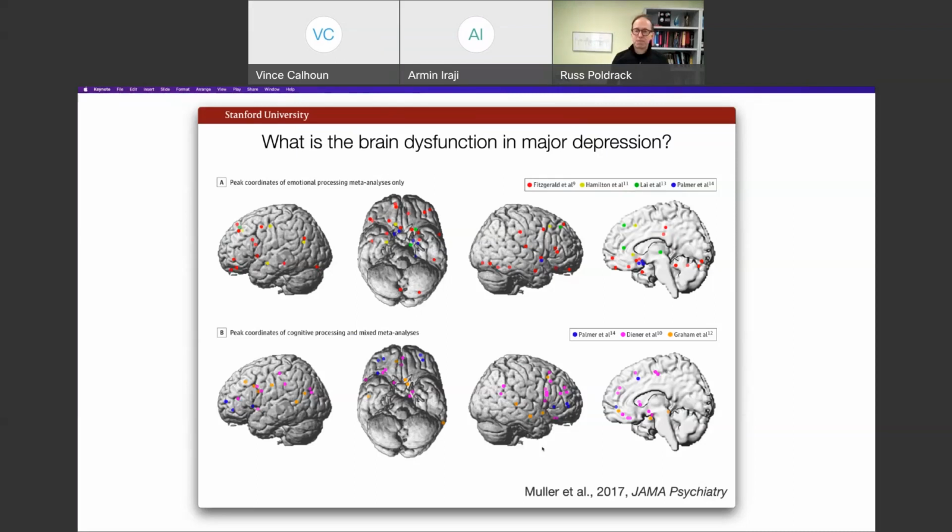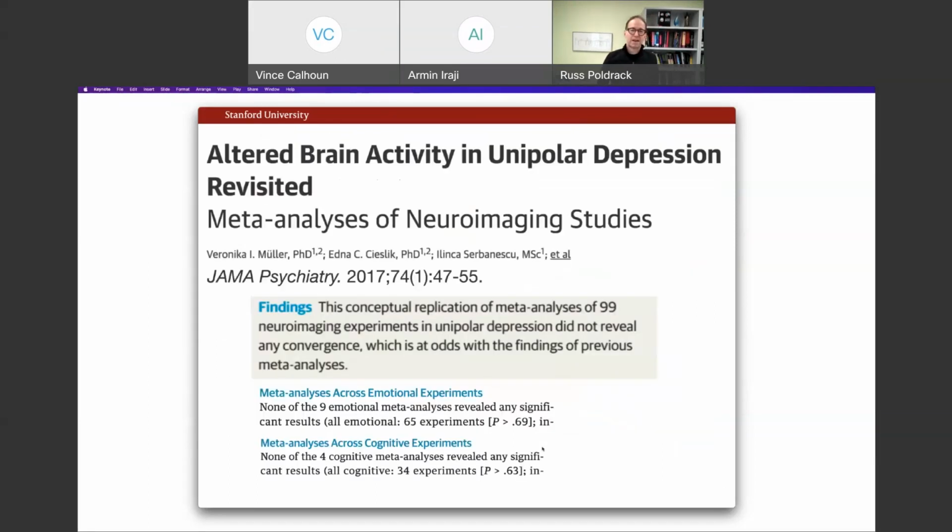There were 3 previous meta-analyses, all of which had said, hey, look, there seem to be consistent findings across these studies. When they went back and fixed some problems with the meta-analyses, what they found was that across these 99 studies, each of which had claimed to have found a difference between healthy and depressed people, there was nothing that converged, no significant results.